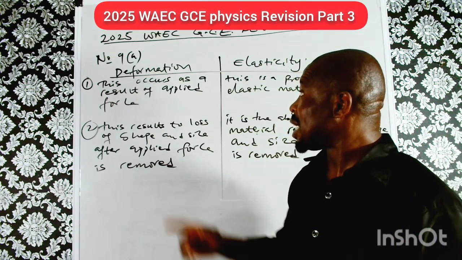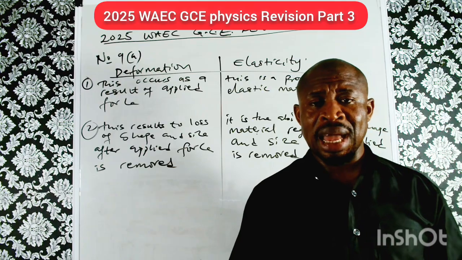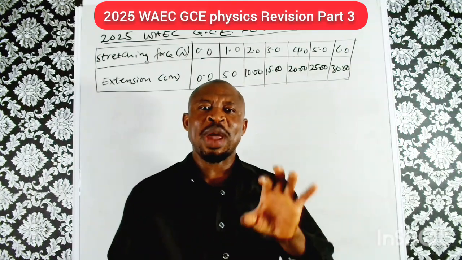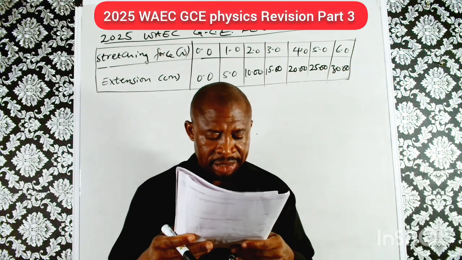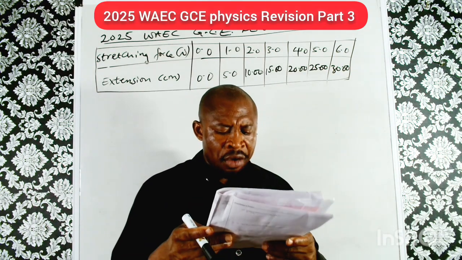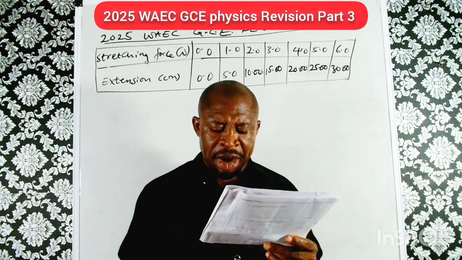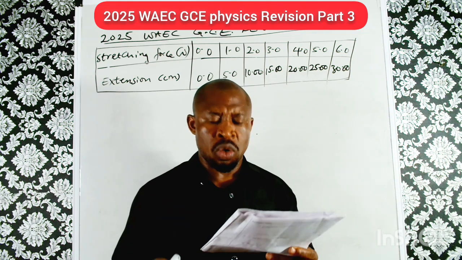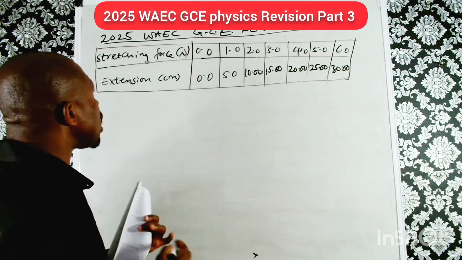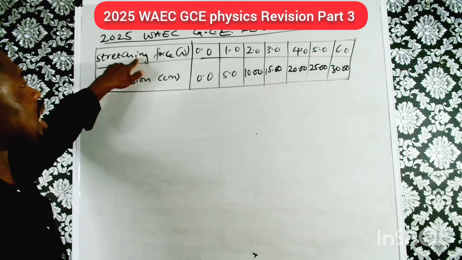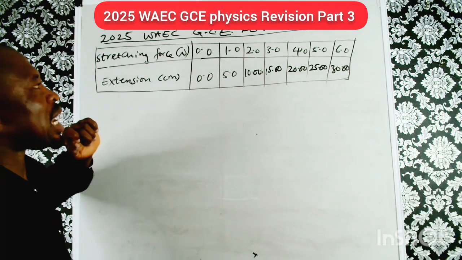Now let us take a look at question number 9b. The 9b says the following results were obtained from an experiment performed on a spiral spring. This is the stretching force and this one is the extension.